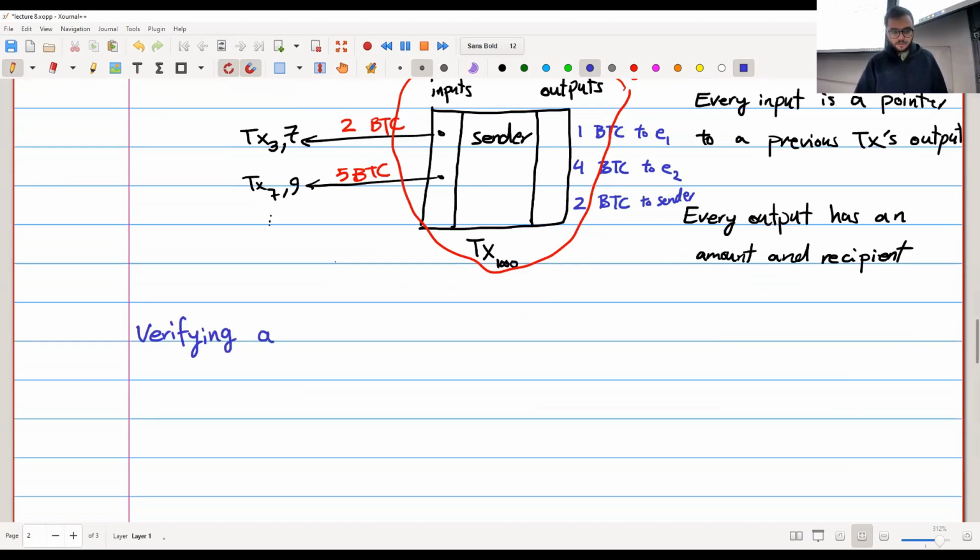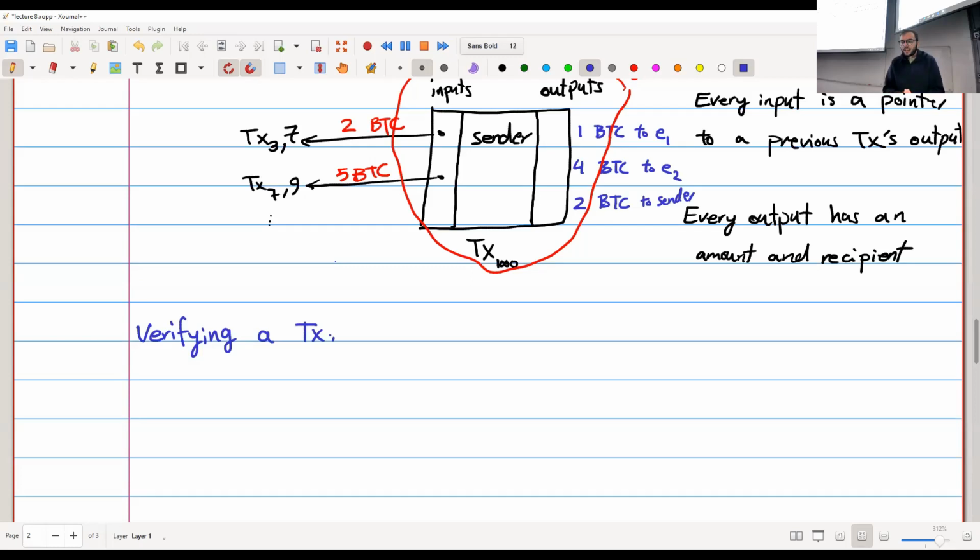Now, I have to first tell you the assumption that I'm making here. The assumption is that everyone knows what the previous transactions were. This is a huge assumption. We will get back to it. But for now, let's say you are someone who knows all the previous transactions and you're seeing a new transaction. How can you verify that this is a valid transaction?